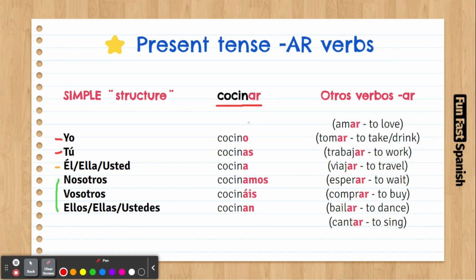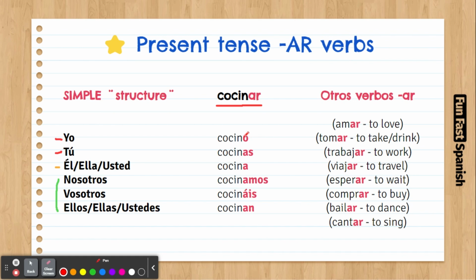Once I say I am, you see that it changes. It's I am. It's not be, it's I am, right? You are. You see how the verb to be changes? I am, you are, he is. So am is different from be. So to be is infinitive, which is the way this verb is here. Cocinar is an infinitive.